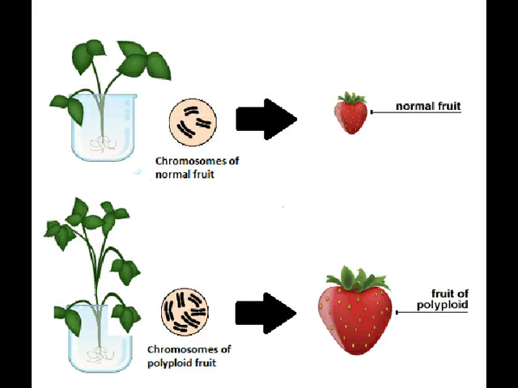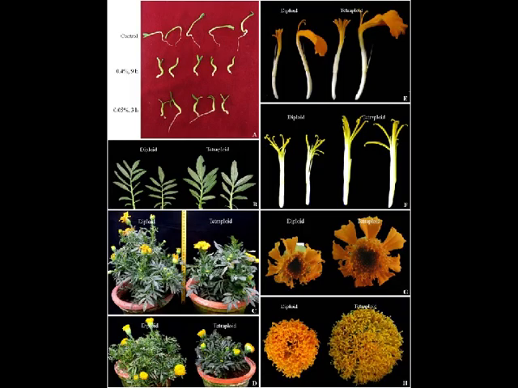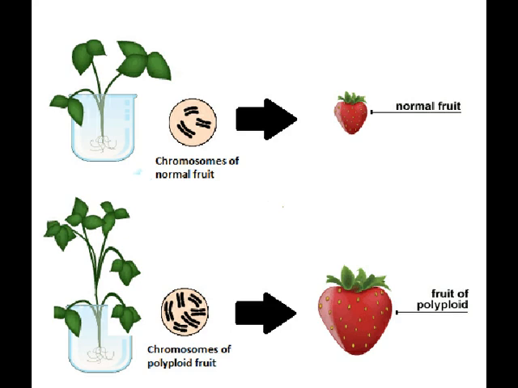Now, by deliberate selection of polyploid plants, bigger plants of watermelons and marigolds and snapdragons have been produced. What are polyploid plants? They are plants that inherit 2 or more complete sets of chromosomes.